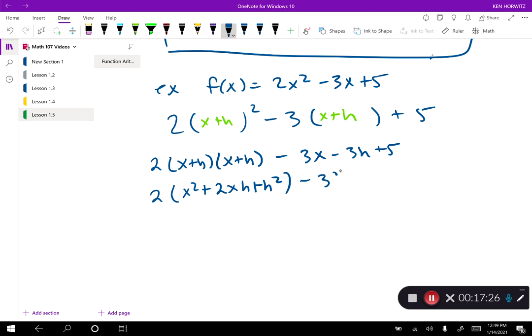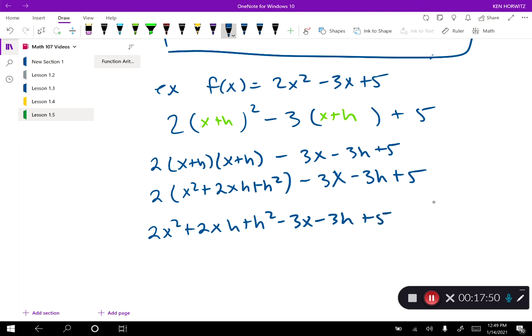Minus 3x minus 3h plus 5. The last thing I'm going to do is distribute that 2 too. So I have 2x squared plus 4xh plus 2h squared minus 3x minus 3h plus 5.